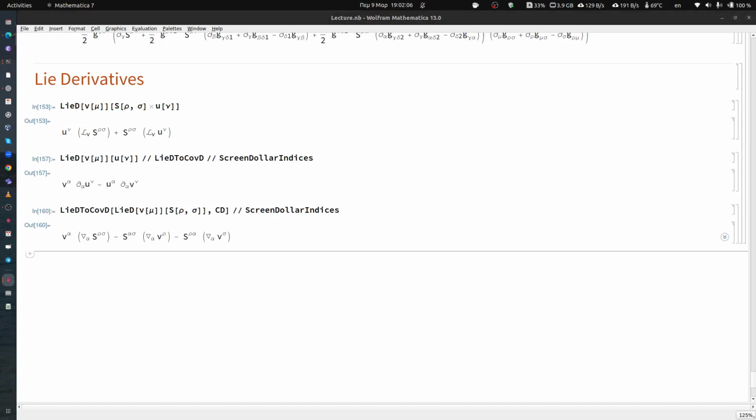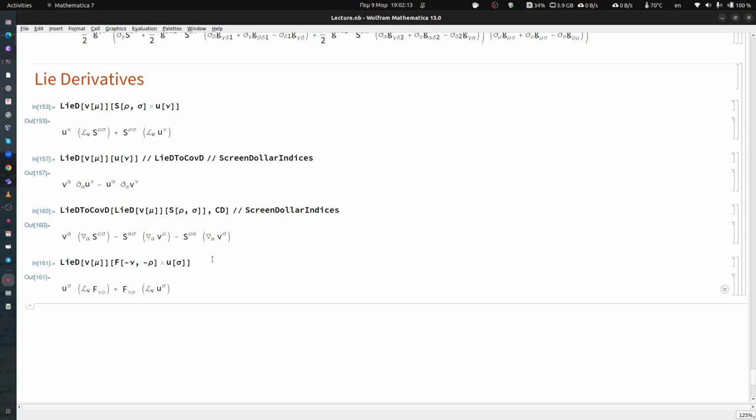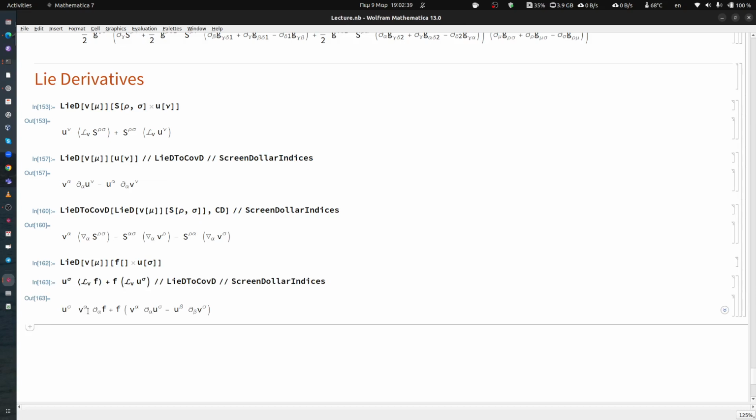Now, as we have already seen, the Lie derivative knows the Leibniz rule. And you can put here our scalar f as well. So, in order to substitute the action of the Lie derivative of a function, then of course you have to use Lie d to cov d to see that. So you see now that LvF has been replaced by vDF.